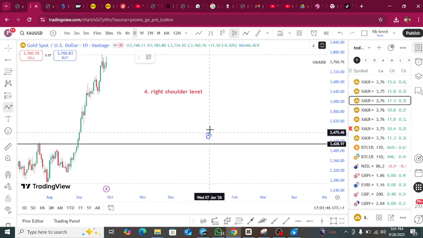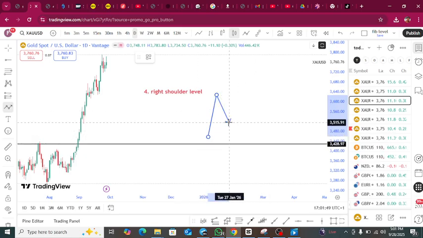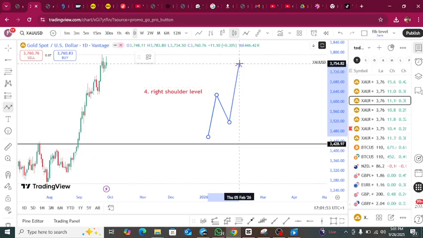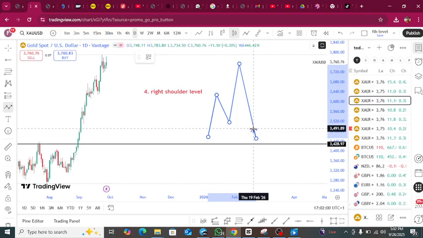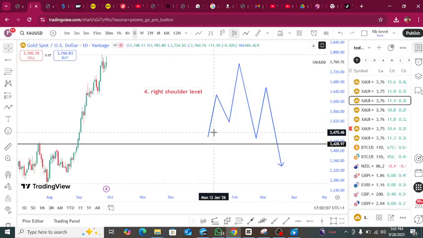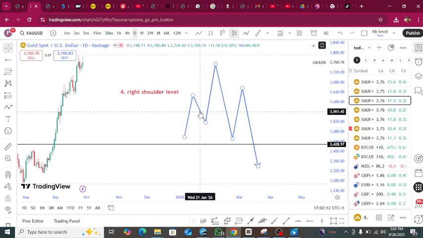You have something like this, came back down, broke through it, came back below this other one, then it went back up, and then boom, down.